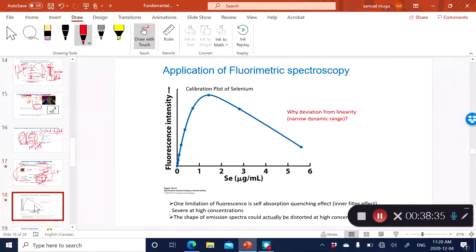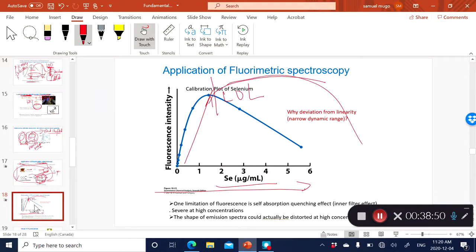It's very common when you're doing calibration with fluorescence spectroscopy to have this situation where you see a linear increase with concentration, but at some point, instead of plateauing at the limit of linearity, it decreases. The reason it decreases is that some of the emitted light is being reabsorbed by the elements in the ground state.